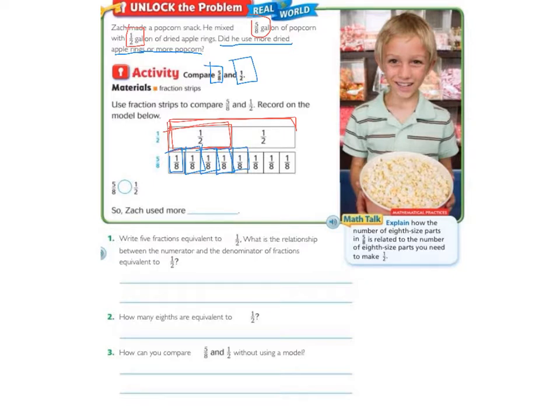If we look straight down the middle, we know that because the 5/8 is farther along, the 5/8 is bigger than 1/2. Remember, the alligator goes towards the bigger one. 5/8 is bigger than 1/2.